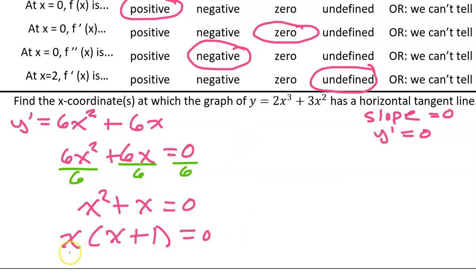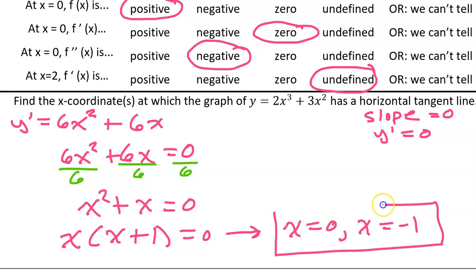And using the zero product property, I will set each of these factors equal to 0. And I come up with x equals 0 and x equals negative 1. So these are the two x-coordinates at which the graph shown here has a horizontal tangent line.